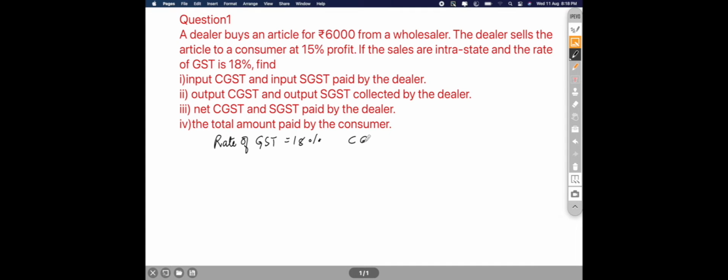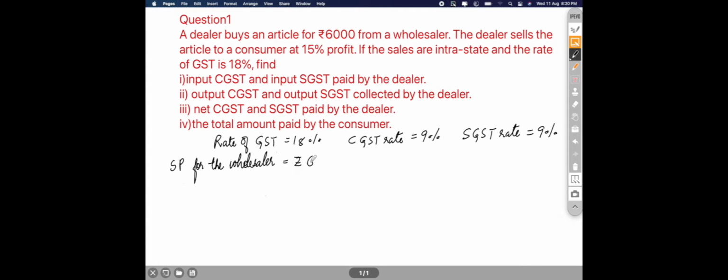So CGST rate will be 9% and SGST rate will also be 9%. Selling price for the wholesaler equals to rupees 6,000, right?